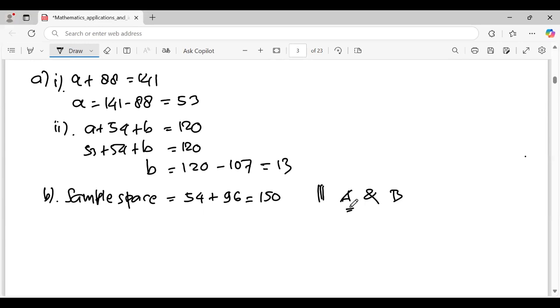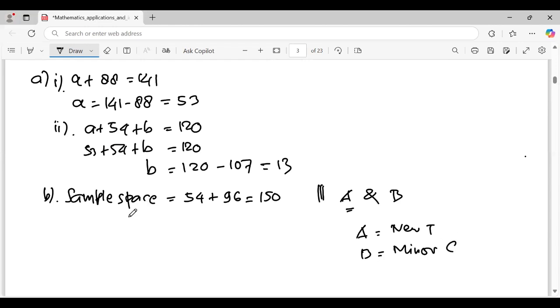A represents the event that a component was produced by the new technique. B represents the event that a component has minor cracks.